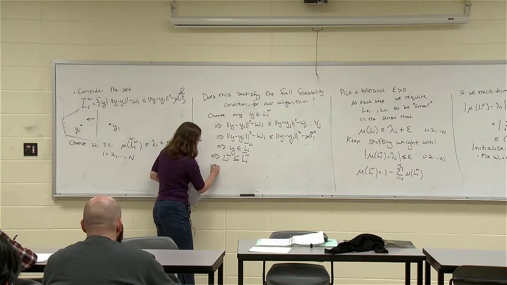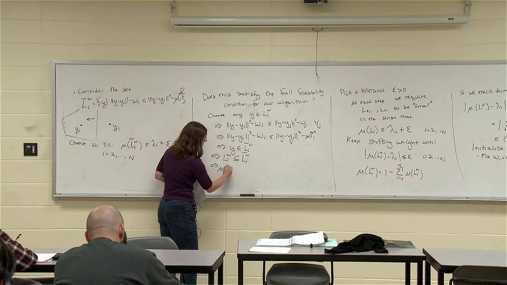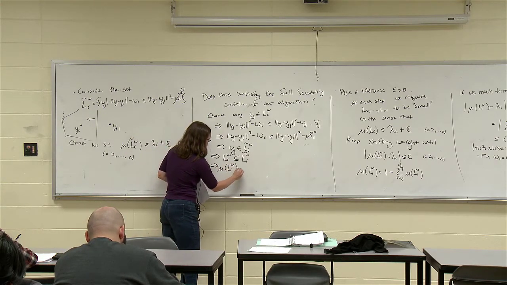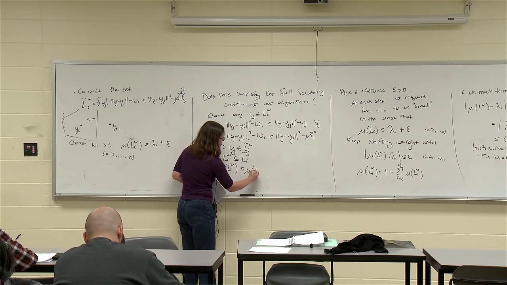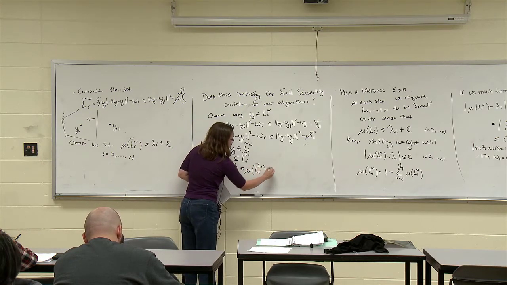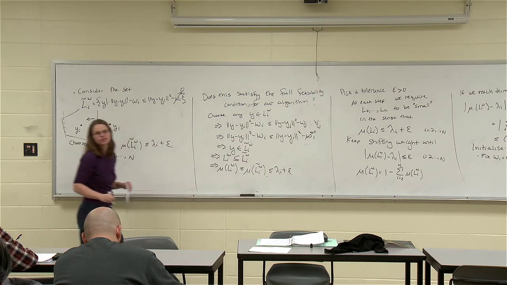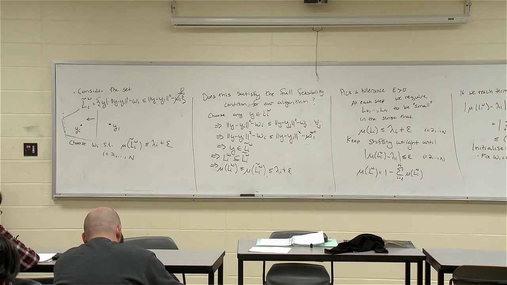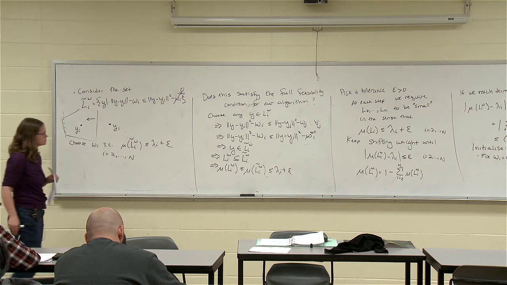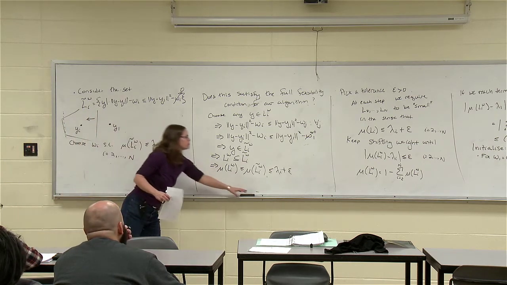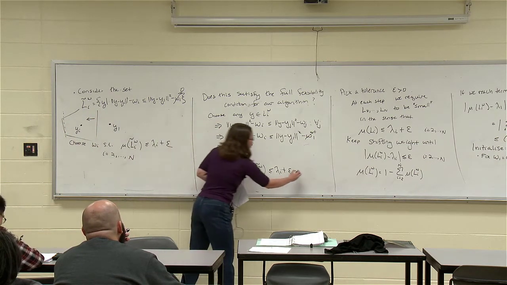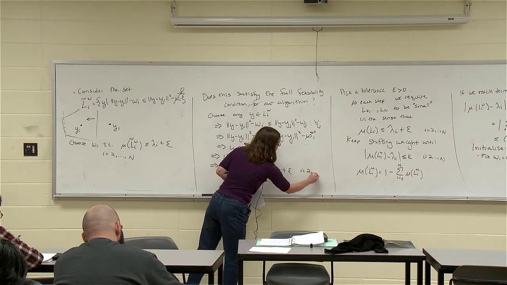And that means that if I look at the mass of this, it's going to be bounded by the mass in my dummy cell, which was chosen to be sufficiently small. Okay, this is true for all I between 2 and n.